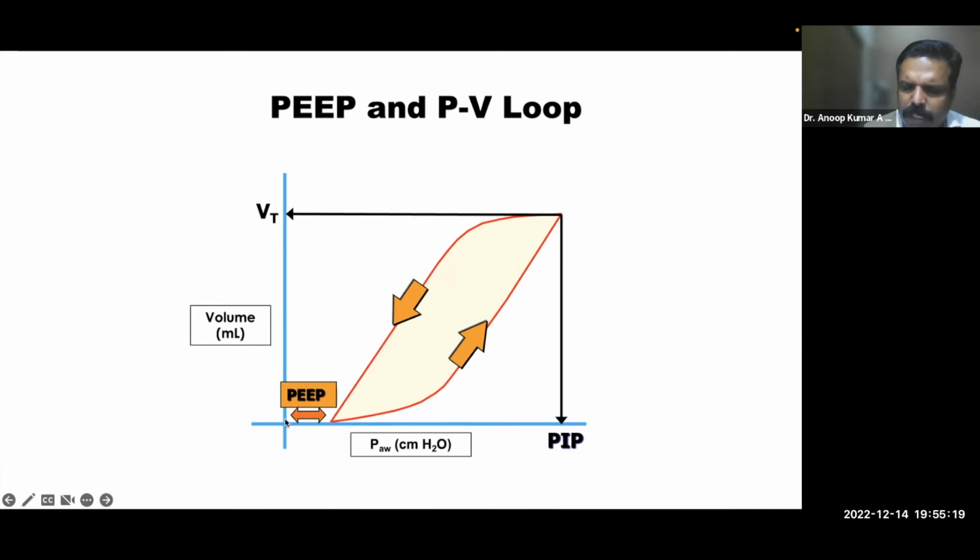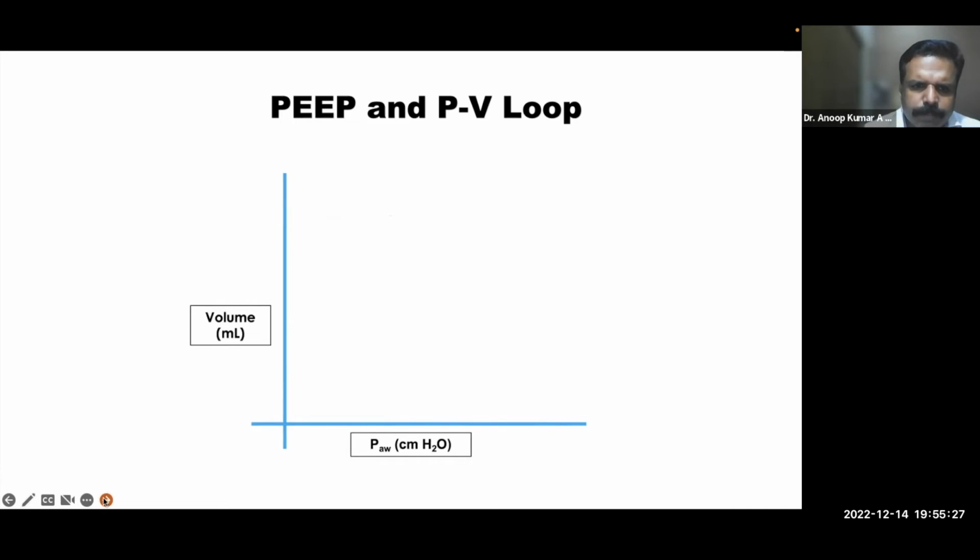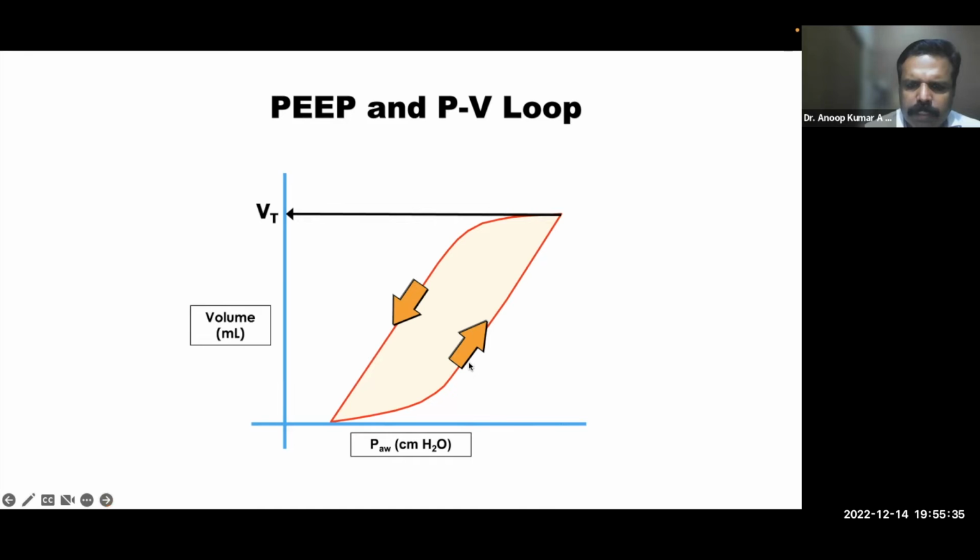If it is not starting from the baseline point here, that means you are applying an external pressure at that point. Now we see the PEEP once it is applied, what difference it is going to make. I've already told there is an inspiratory limb, expiratory limb, the tidal volume, the inspiratory pressure here, and we are applying the PEEP.